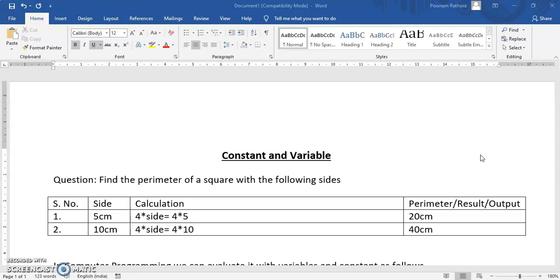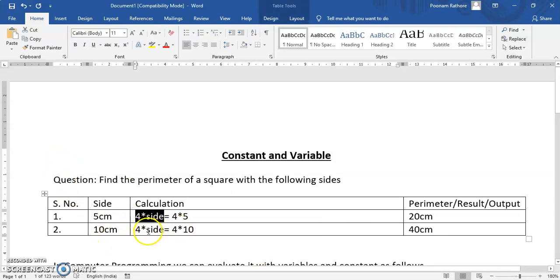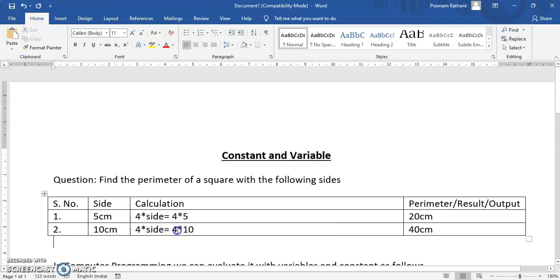While looking at this calculation, can you tell me what is changing inside this formula? Which value is changing? Is 4 changing or side is changing? I think 4 is over here also and 4 is over here also.